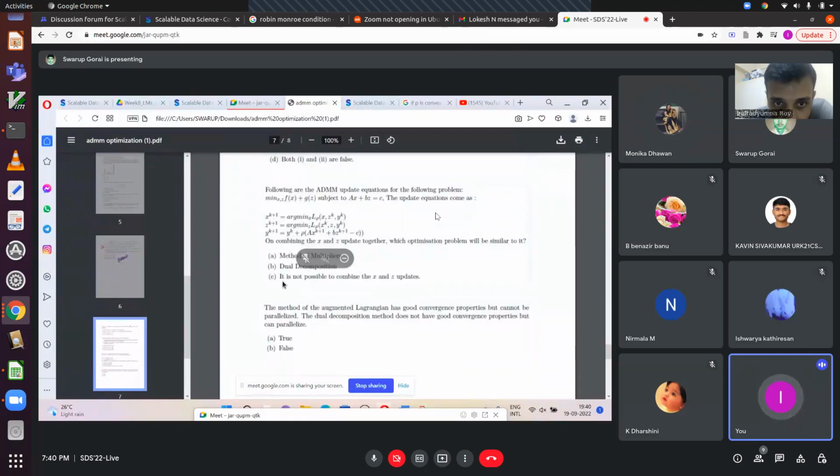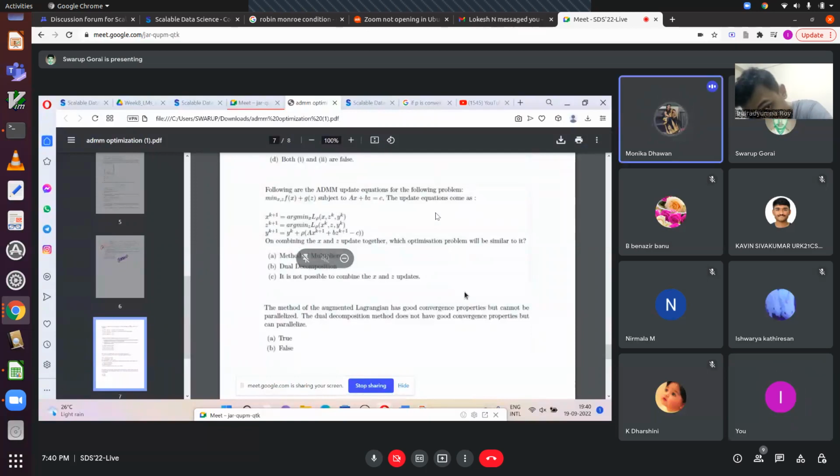So C is wrong. We cannot combine them when zk plus 1 depends on xk plus 1. But since here it only depends on xk, the first and the second things can be combined. Okay, first and second.